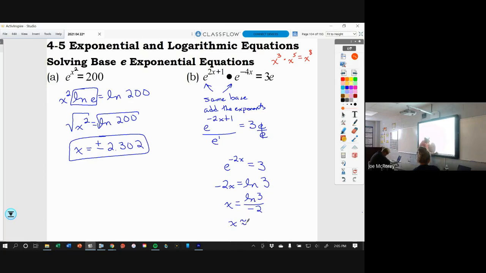Type that in your calculator. Negative 0.549. Perfect.